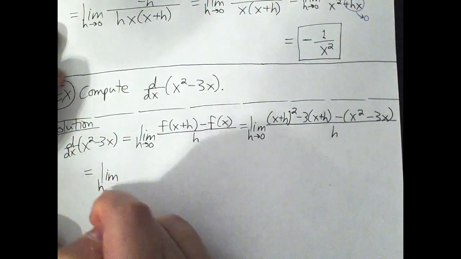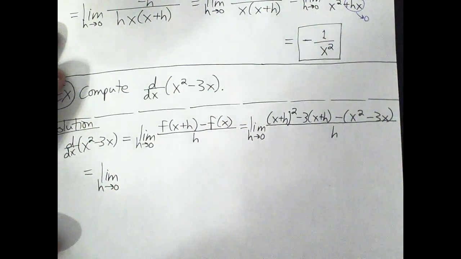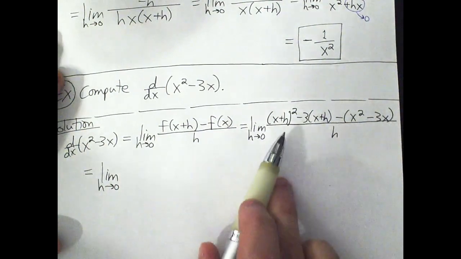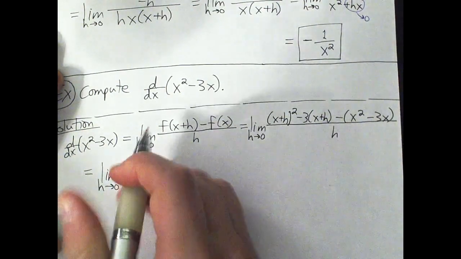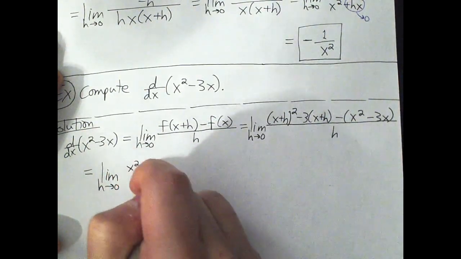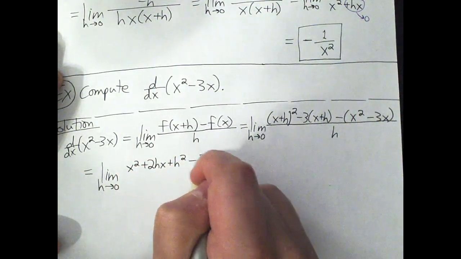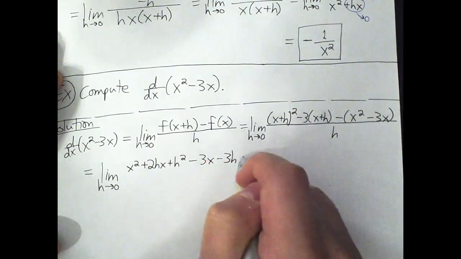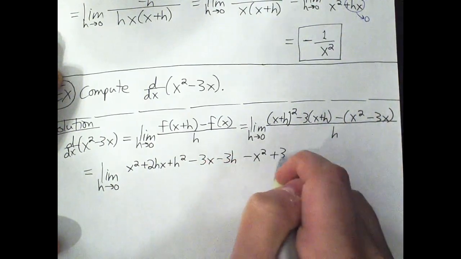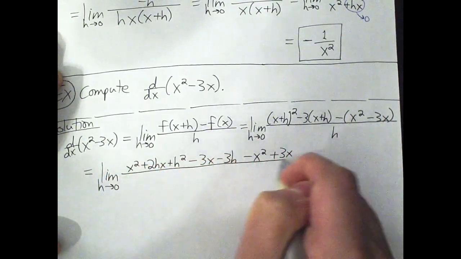But I'm going to put parentheses and then distribute the minus sign in this upcoming step. I'm going to expand the (x plus h) squared, so x squared plus 2hx plus h squared minus 3x minus 3h minus x squared plus 3x. All of that is over h.